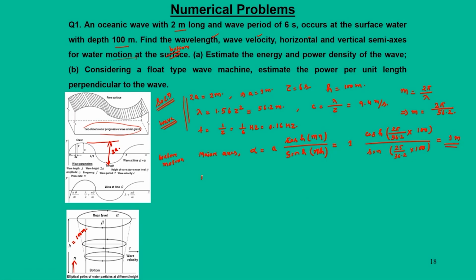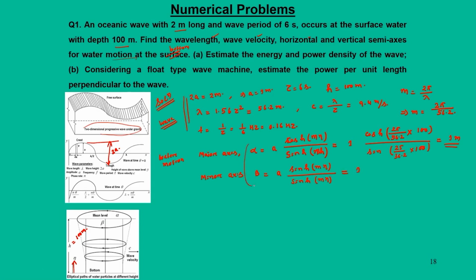And similarly, the minor axis beta is given by the expression A sin hyperbolic m into eta divided by sin hyperbolic m into h. Putting this number, this is also 1 meter.